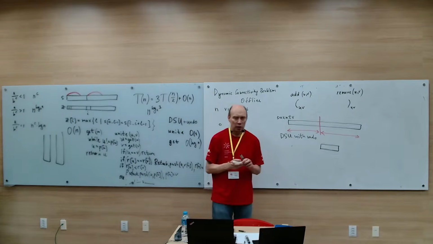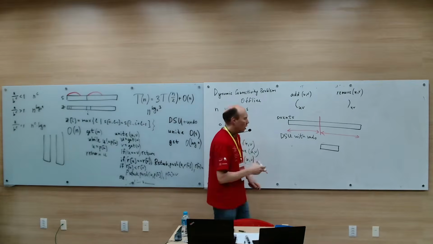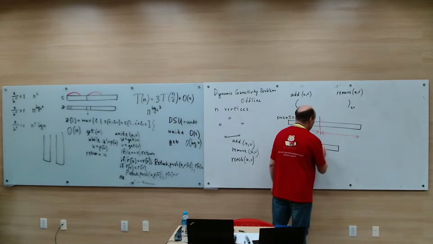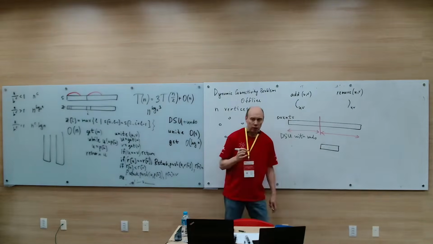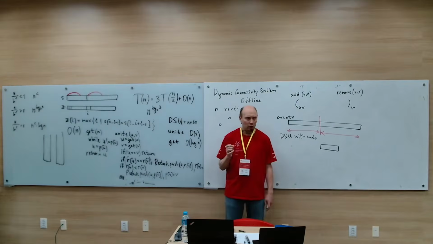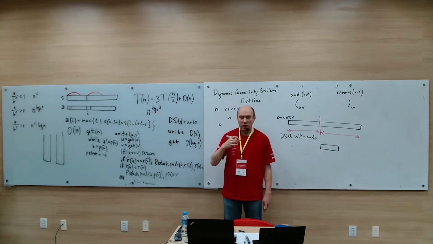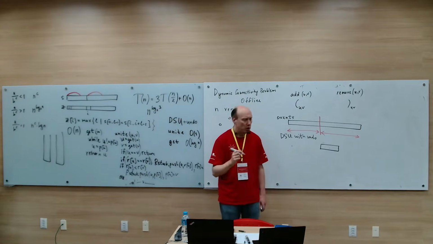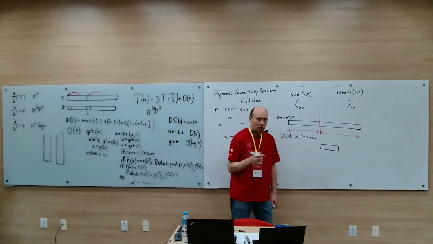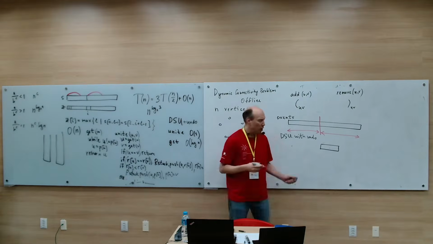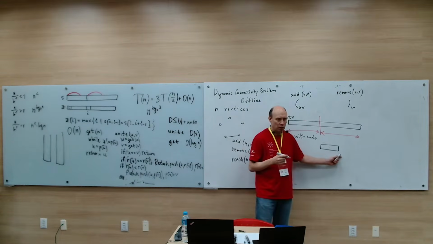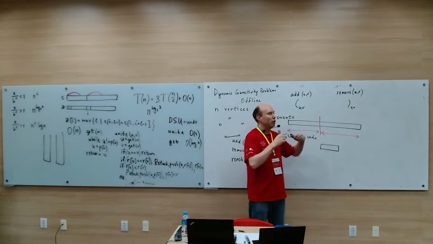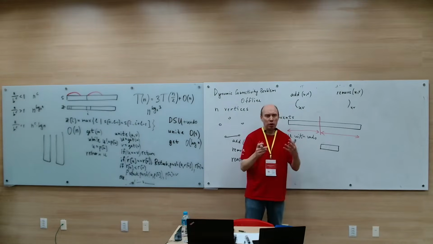The DSU with undo, when we are going to solve for this subarray, contains information about all edges that exist during all events of this subarray, that are not created here and are not removed here.